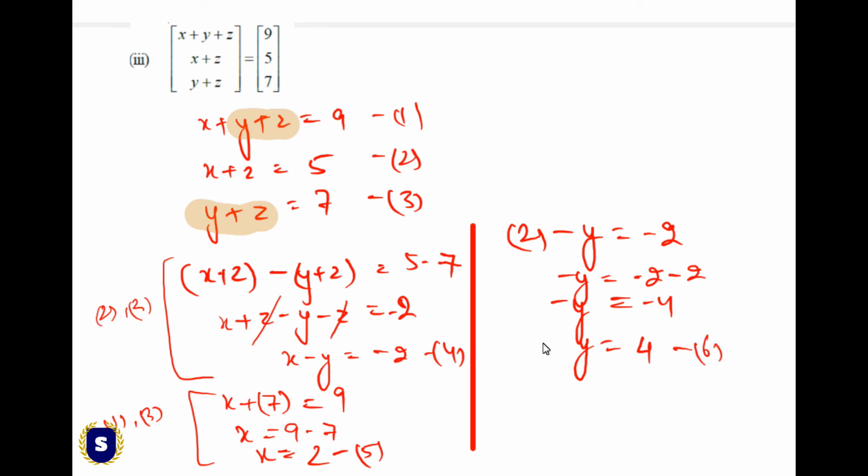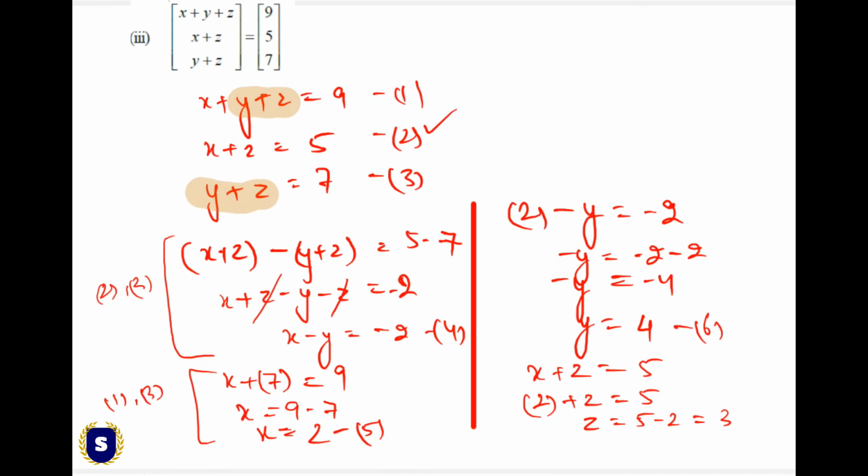Then you can substitute any value in any equation, like using equation number 2: x plus z is equal to 5. So the value of x is 2, the value of z is unknown to us. Let's calculate. 5 minus 2 is equal to 3.